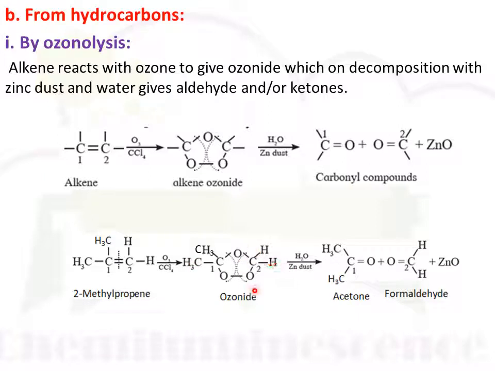And from this curve you can understand this hydrogen, carbon, oxygen and then hydrogen, that is the formaldehyde as a product, and the remaining oxygen combines with the zinc dust and forms zinc oxide as a side product. In this way, by ozonolysis of alkene, we can form aldehydes or ketones or a mixture of aldehydes and ketones as a product.